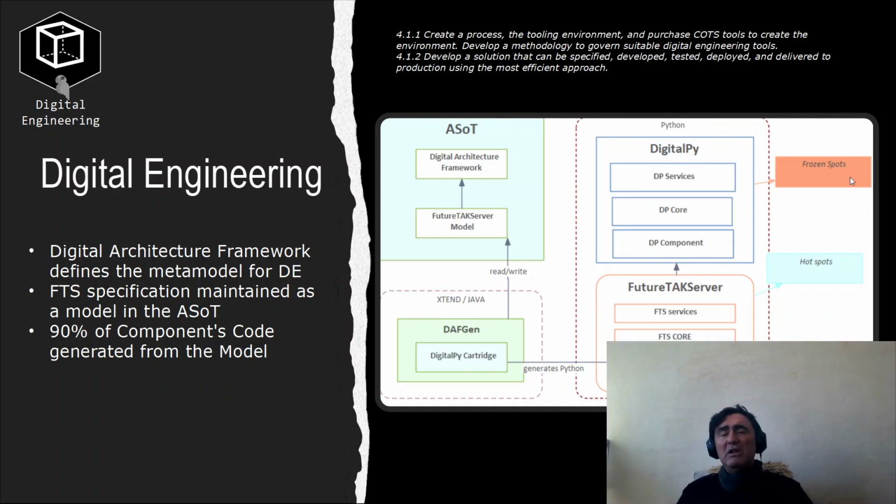So think about features that you can reuse in any application that are not necessarily part of FTS, such as the ability to log in and log out, to expose services, and so on. And then FutureTAKServer will only contain the specific part that you need to run an application or a server application that provides services around situational awareness.